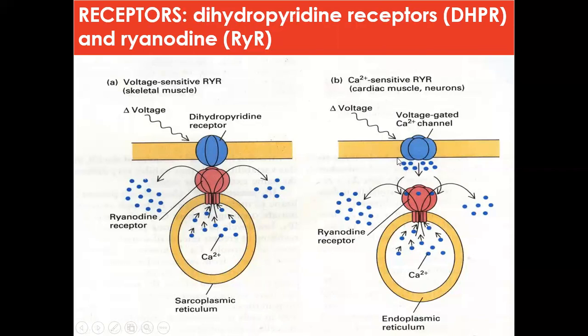But this arrangement is different in cardiac muscle cells, which is very important for you to note. In cardiac muscle cells, we have the dihydropyridine receptors, but they are also a channel. They are more like voltage-gated ion channels for calcium, called L-type slow calcium channels.